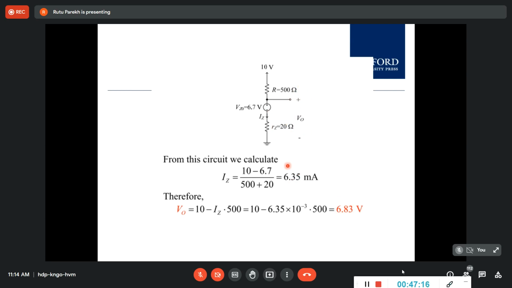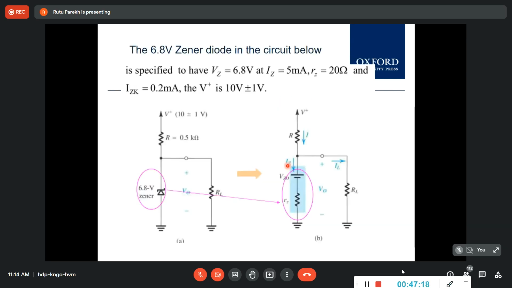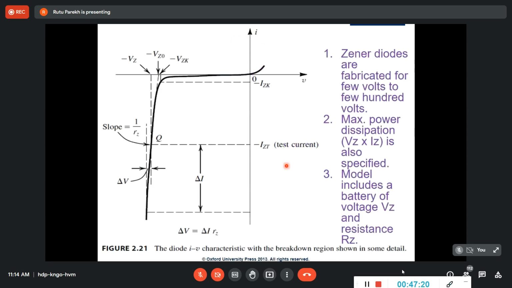So if you think in terms of this diagram, what was given to you is that at some voltage, this VZ, this is your Zener voltage, but now this is fluctuating, so that I is varying.